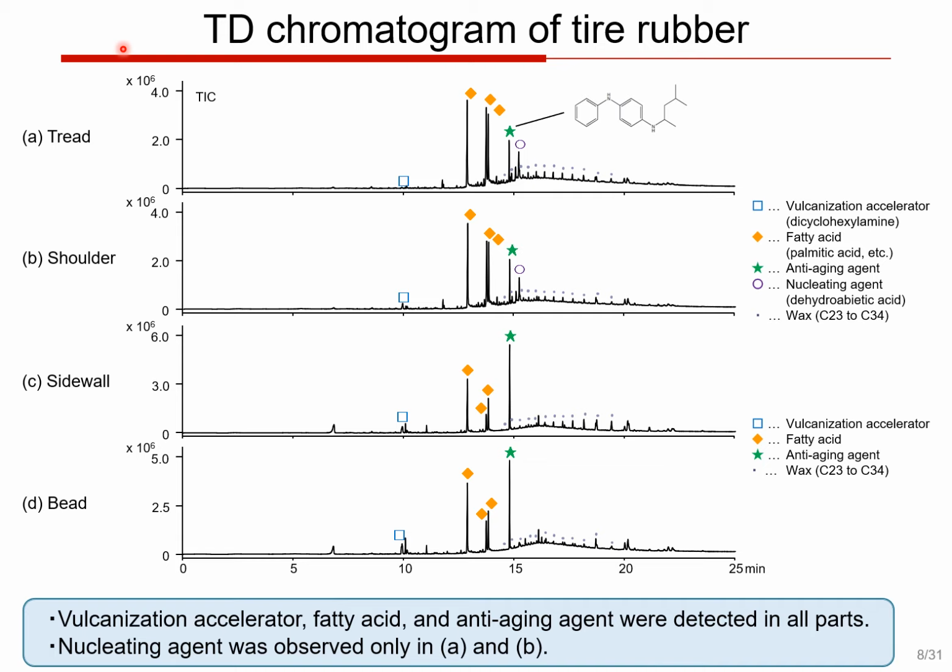The shape of the chromatograms, A is similar to B, and C is similar to D. Analysis of the peak shows that they contain additives such as vulcanization accelerator, fatty acid, anti-aging agent, nucleating agent, and wax. However, C and D did not contain any nucleating agent.